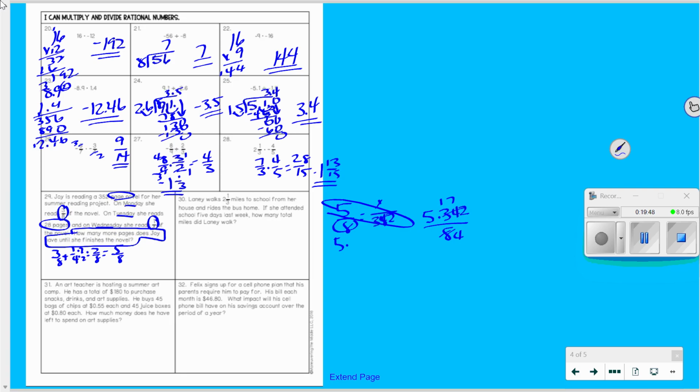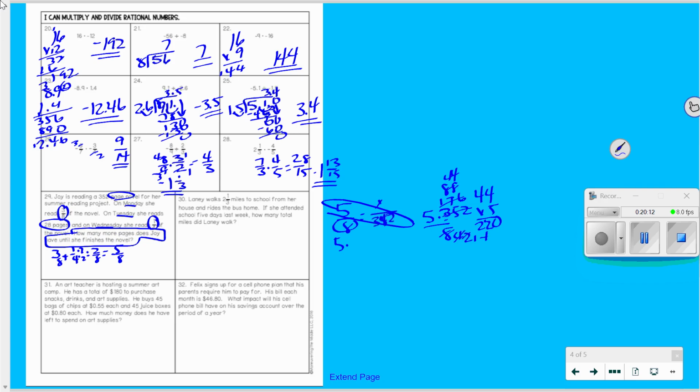Ooh, something doesn't seem right. 352 gives me 176. I can divide those by 2. That's going to give me 88. I can divide those by 2, gives me 44. So 44 times 5 gives me 220, plus she's read 28, so that's 248.